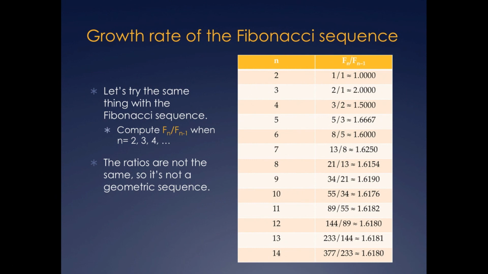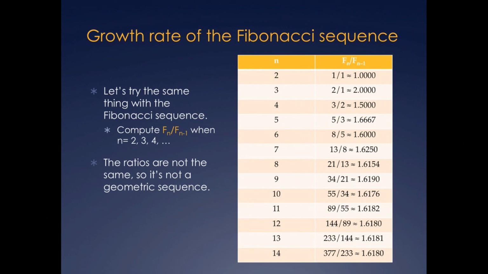Well, it seems that as you do this calculation over and over again for increasingly large values of n, that is to say further and further along in the Fibonacci sequence, these ratios aren't exhibiting random behavior, they're not jumping all over the place.